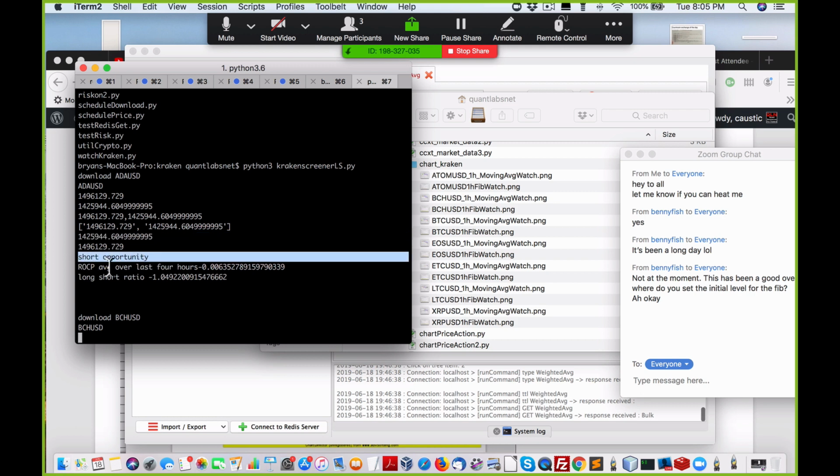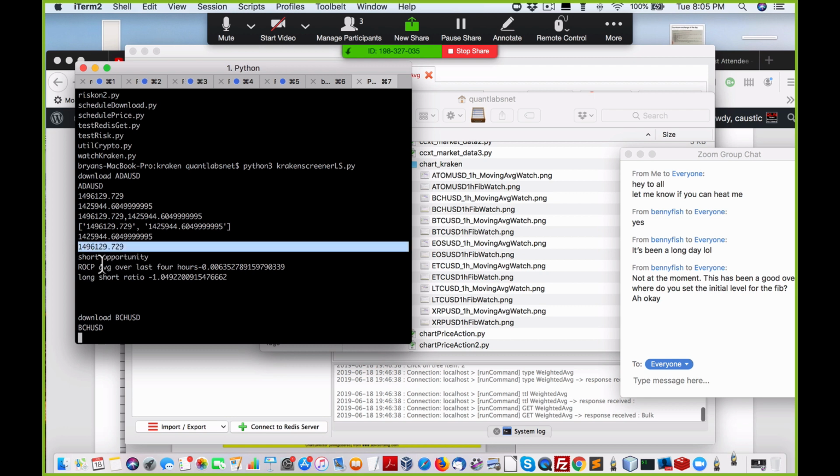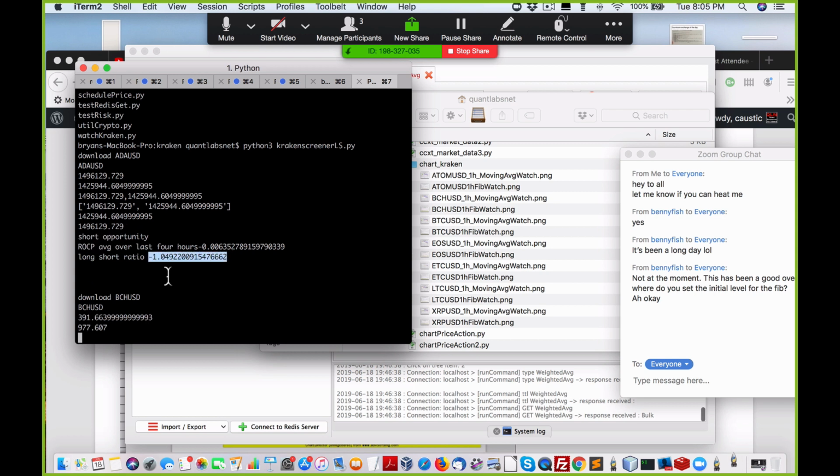If I know it's a short opportunity, then I know that the price will get driven down. And then I can basically calculate a ratio between the ask and the bid, and that gives me this negative 1.104. At the same time, I can also measure the rate of change on the price over the last 4 hours. If it's negative, I know it's going down.